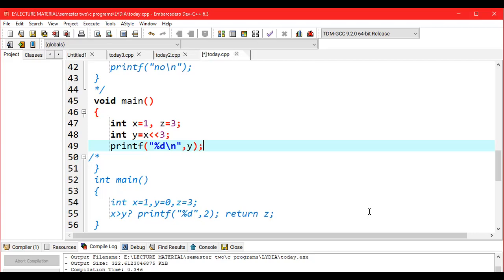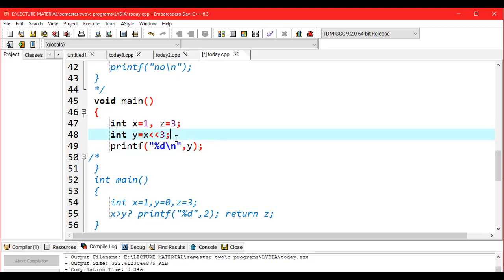So now this command which we are doing, I think that if x is equal to 1 and z is equal to 3, then you're telling us that this is used to shift the bits of a value to the left by adding zeros to the empty space created by the right side after shifting. So they are telling us if x is equal to 1 and z is equal to 3, then y is x shifted by 3.